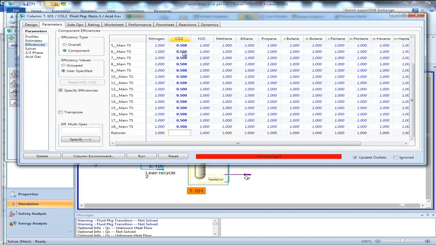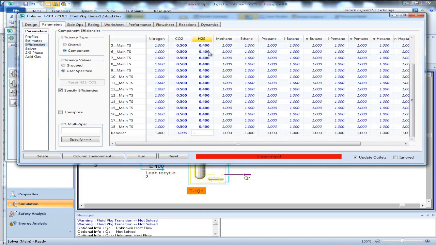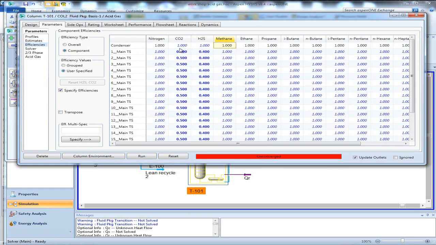No, you don't change that. And for hydrogen sulfide, it's 0.4. These values are based on the equilibrium and the K value.